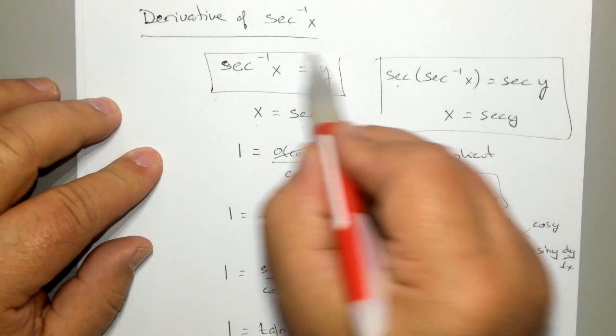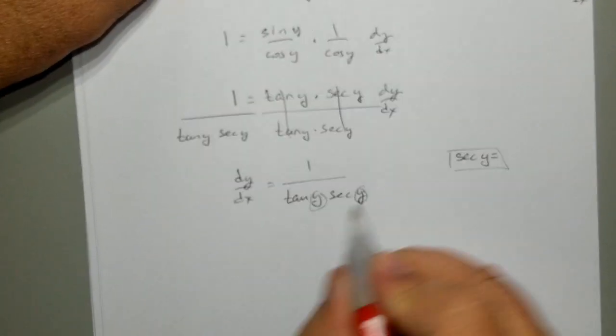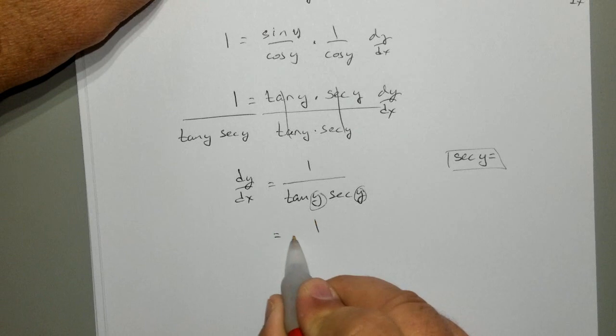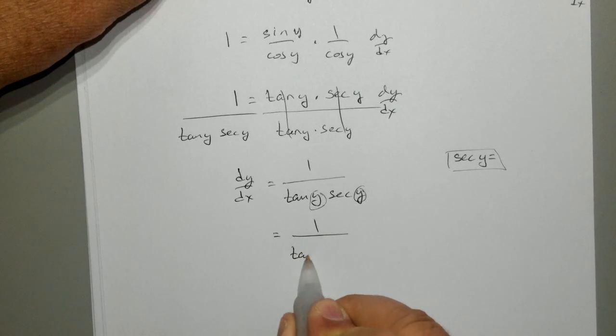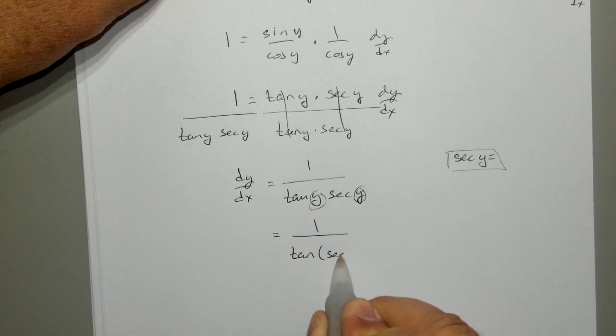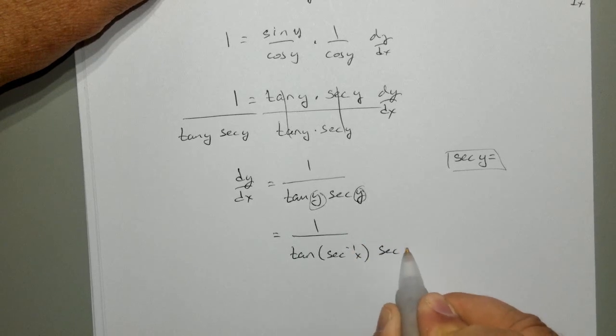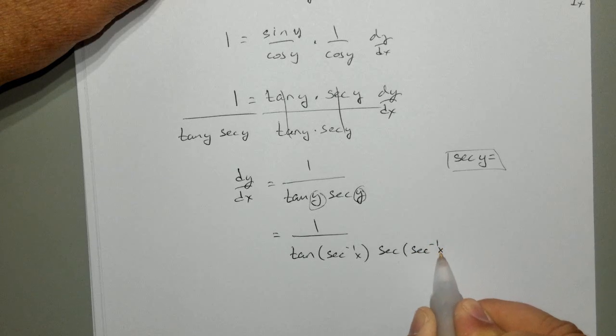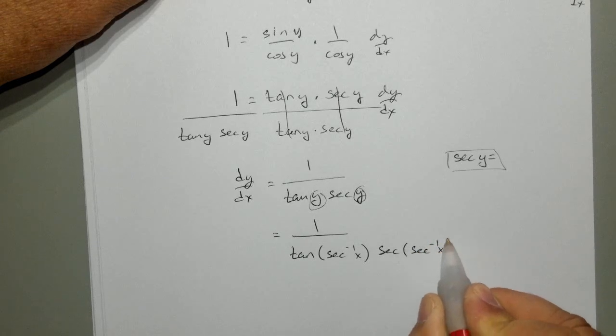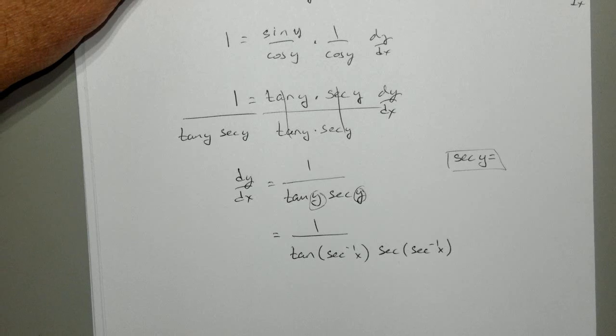Y is the inverse of secant. Tangent of inverse secant, secant inverse secant of x.